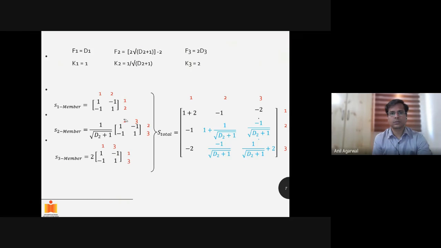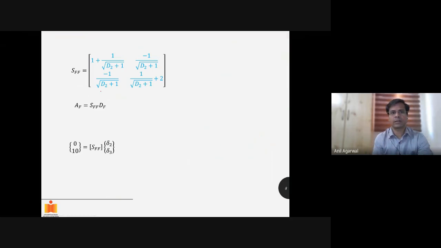So this is the total stiffness matrix I have calculated, and from there I have calculated SFF. I'm just calling it this term instead of repeating the whole thing. Right? So I got SFF. Everybody agrees with how I got SFF? Yes, sir. Okay.